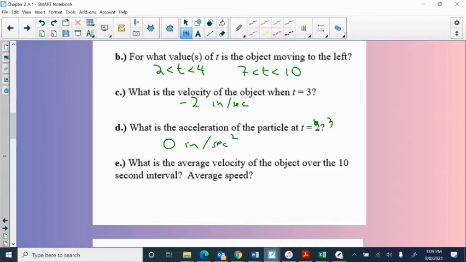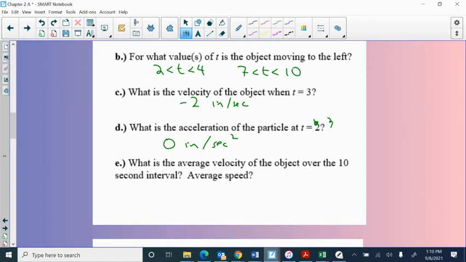Okay. Average velocity of the object over the 10-second interval versus average speed. What do you think? Average velocity versus average speed. What do you think, Aro? The velocity is -0.2.